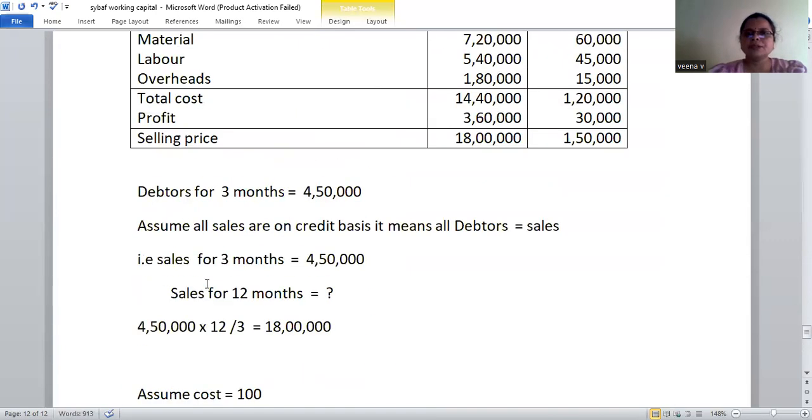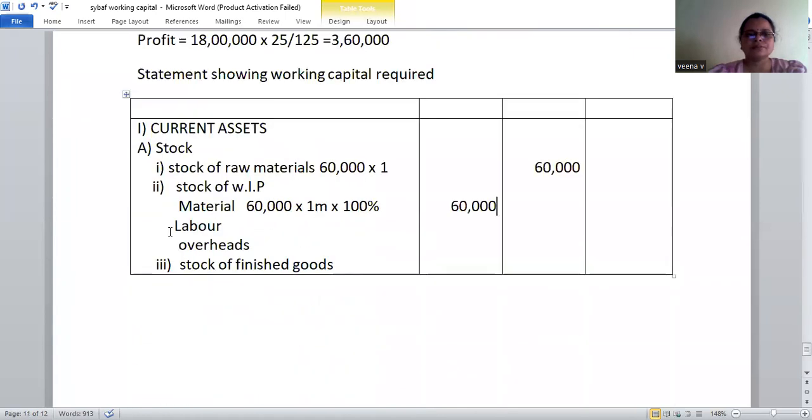Now for labor, 1 month labor is 45,000. So we have to make the calculation: 45,000 into 1 month. But for labor, we have to take it as 50%. So 45,000 into 1 into 50% is equal to 22,500.